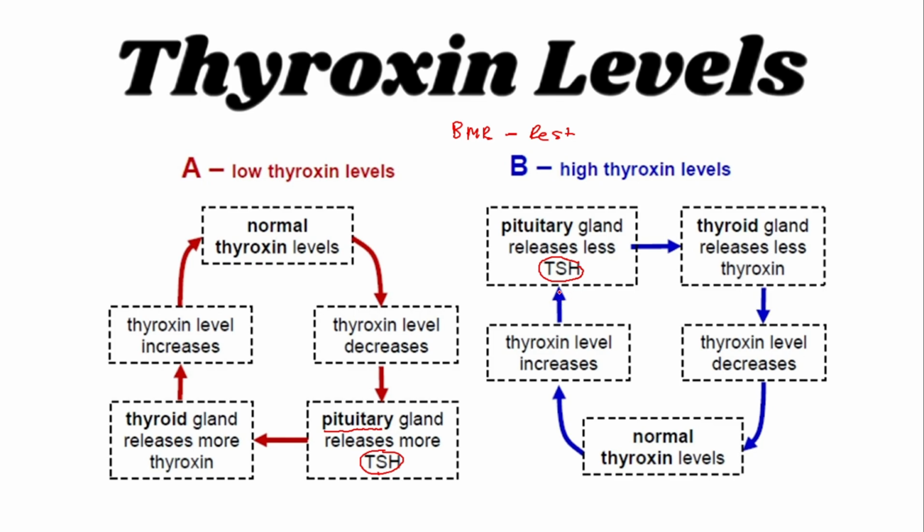You don't want the thyroid gland to produce too much thyroxine. So then you want it to release less thyroxine, and then the thyroxine level will decrease. The pituitary gland will stop releasing TSH, which is thyroid stimulating hormone, and then it will go back to normal.